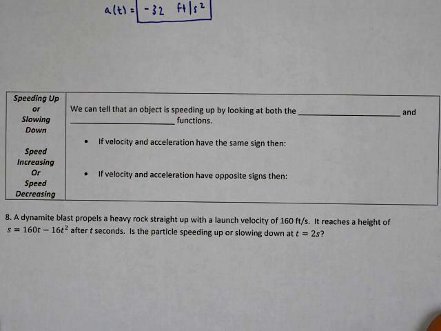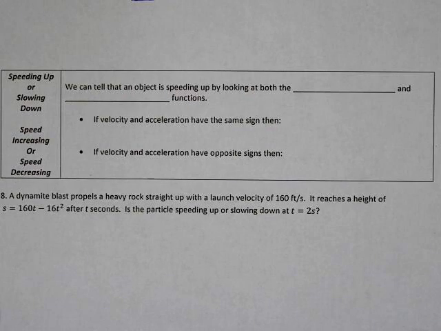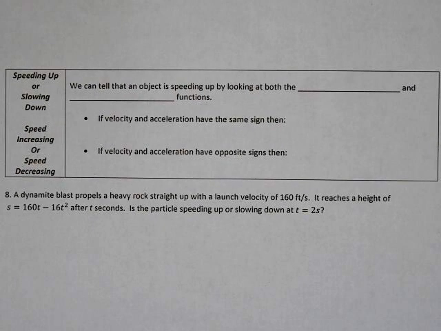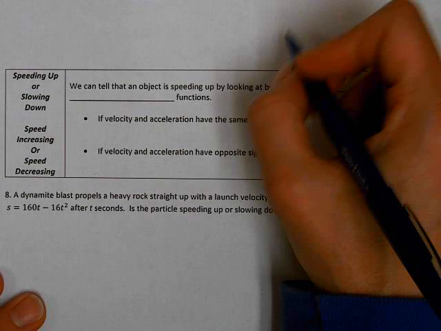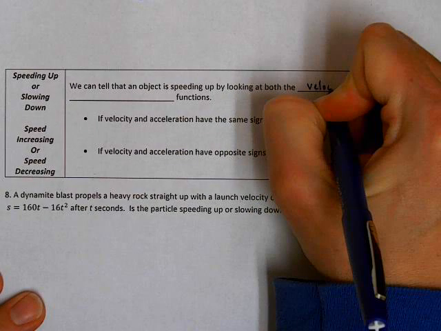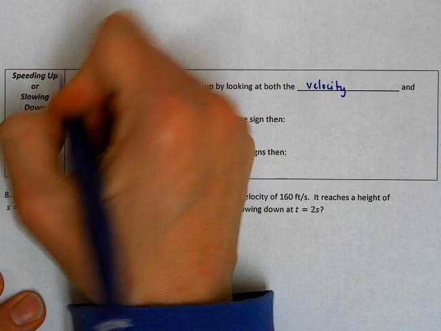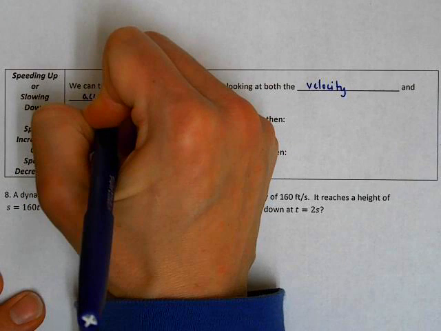All right, the last piece for today is talking about speeding up or slowing down, or sometimes you'll see it phrased as the speed is increasing or the speed is decreasing. So we can tell that an object is speeding up by looking at both the velocity and the acceleration functions.